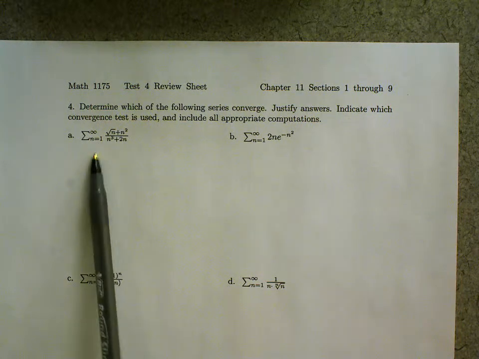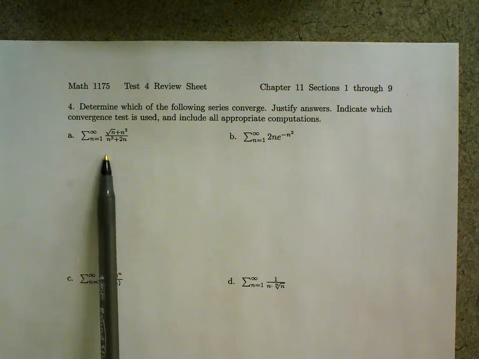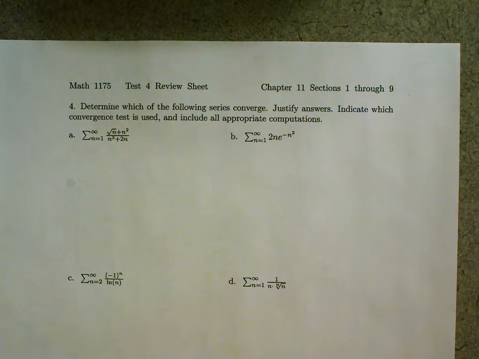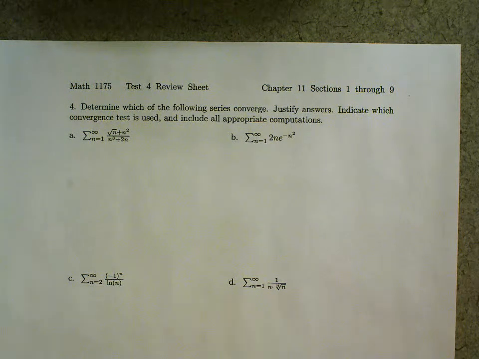So on this one, the series where the terms are the square root of n plus n to the second over n to the third plus 2n. Any ideas on how to determine if this converges or diverges?